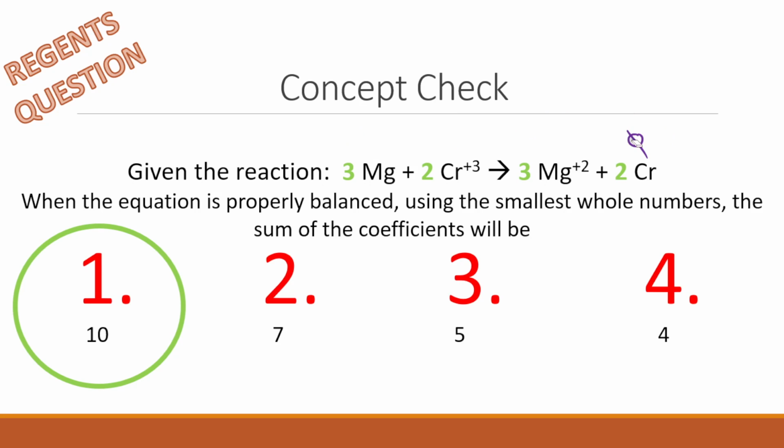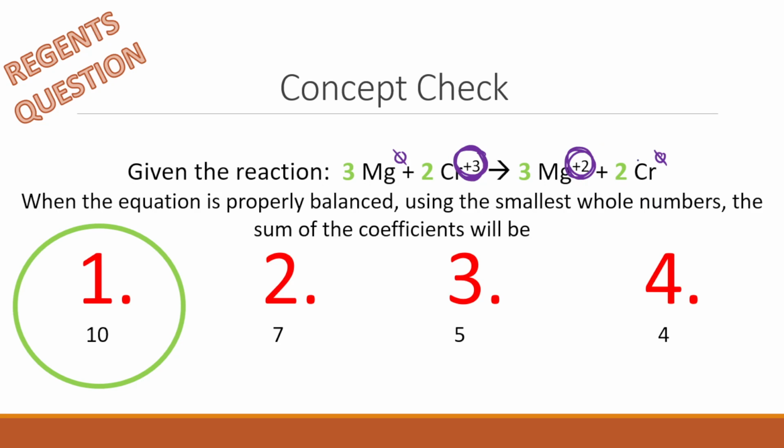Now, did you have some trouble with that? Let's take a look at how you approach that. You know you have positive 3 as your only charge on the left. So you could get positive 3, positive 6, positive 9, positive 12, right? It has to be a multiple of 3 because you can only put whole numbers in this spot. On the right, you only have positive 2's that you can use because the Cr is a 0.